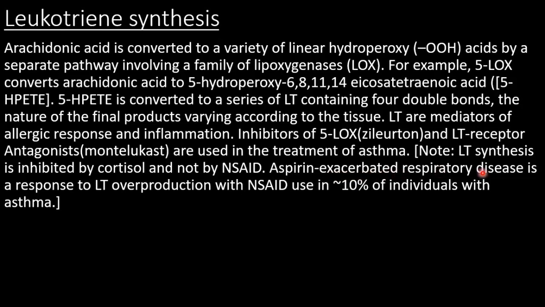This is due to leukotriene overproduction. Remember, aspirin is an NSAID. So if you inhibit the cyclooxygenase, the arachidonic acid will be directed towards the lipoxygenase pathway, and more leukotrienes will be synthesized. And if you have more leukotrienes, this will lead to bronchoconstriction. So the respiratory disease will be exacerbated.